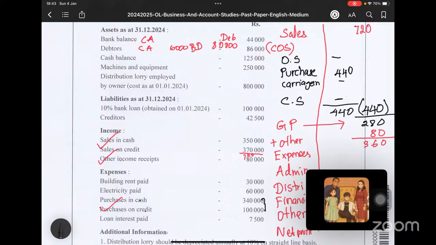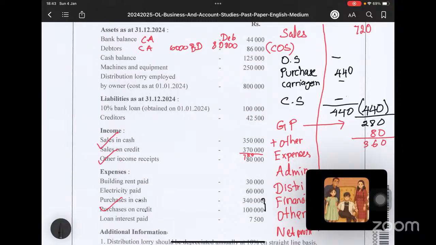So the cost of closing stocks, there were no closing stocks. So cost of sales will be the amount that is purchased. The purchase amount will be the cost of sale. So 440. When we deduct 440 from the sales amount, we get the gross profit. And there was other income. So that is 80 and we added that.